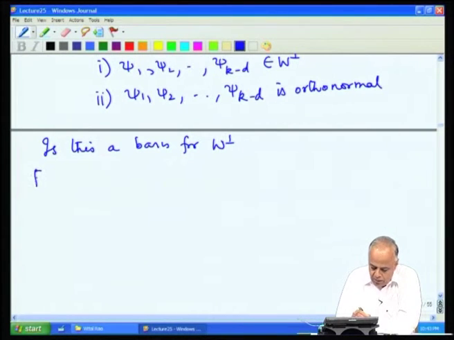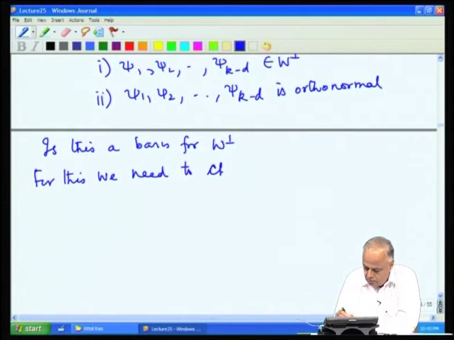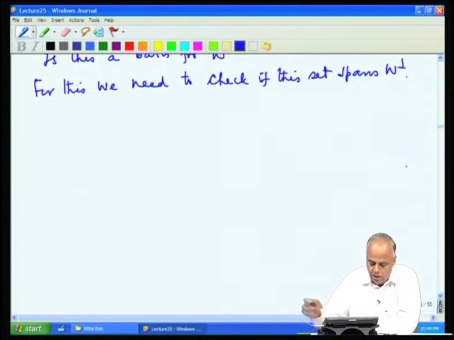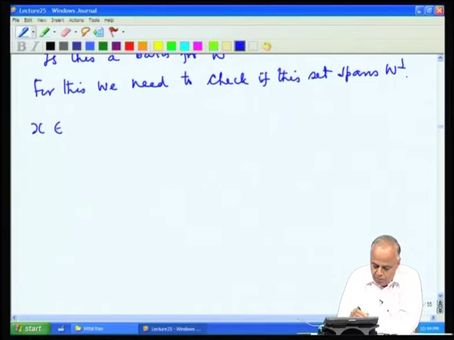So, for this we need to check if this set spans W perp. So, let us check that. Let x be in W perp.